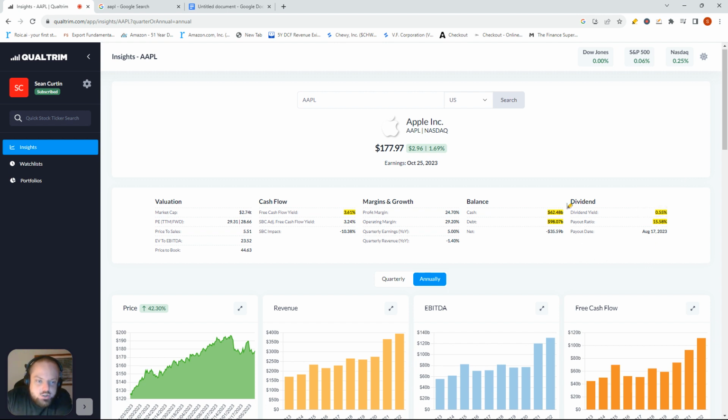So additionally, we can see they've got $63 billion in cash and $100 billion in debt. That's a lot, but the ratio is actually pretty attractive. I'm sure they have a really good credit rating, probably better than the US government, better than me, obviously. So, Apple free cash flow yield is 3.6%.